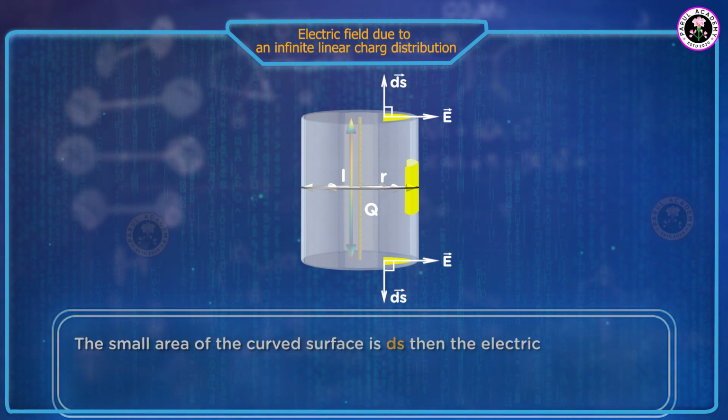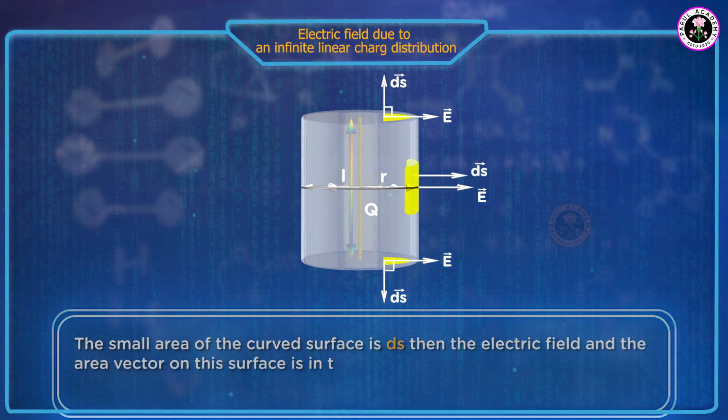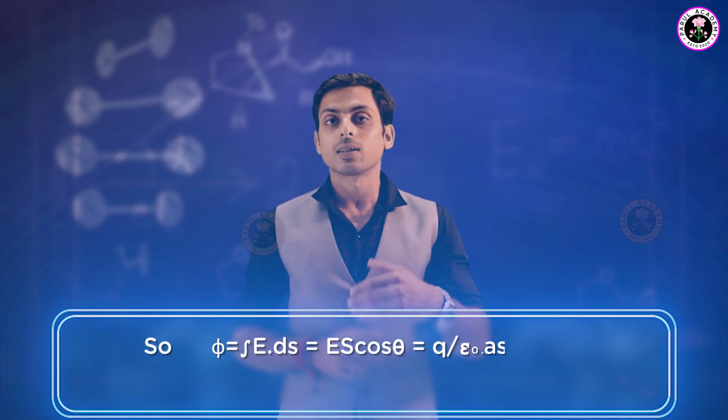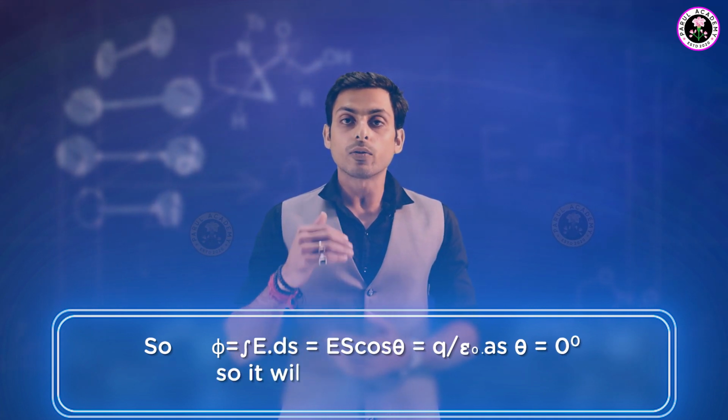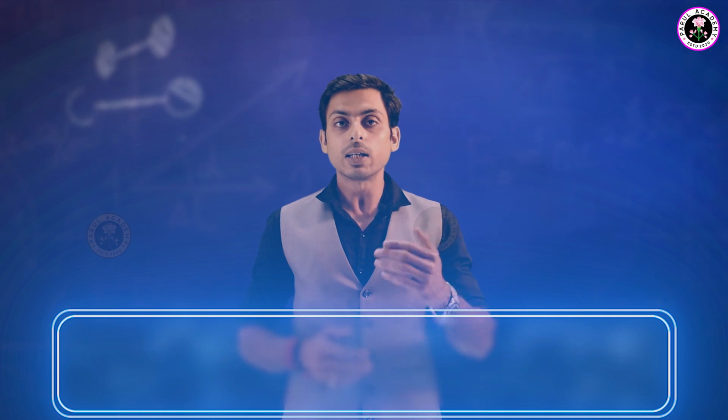Then the electric field and the area vector on this surface are in the same direction and theta equals 0 degrees. So phi equals integration of E dot ds, equal to ES cos theta, equal to Q by epsilon naught, as theta equals 0. So it becomes ES equals Q by epsilon naught, and E equals Q by S epsilon naught.